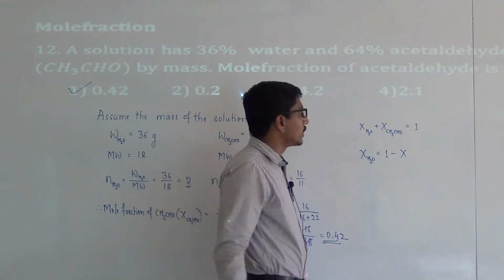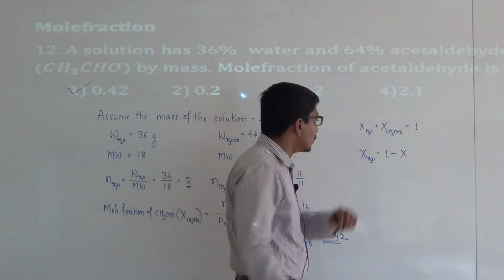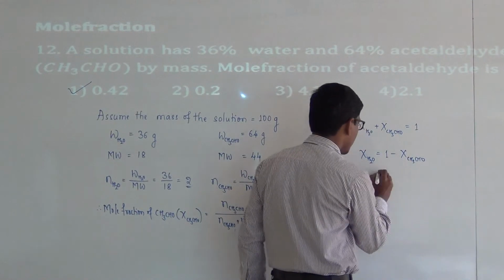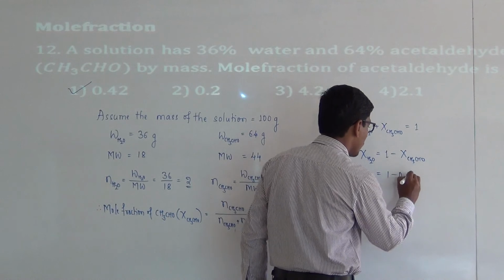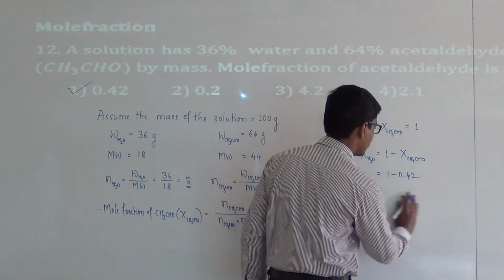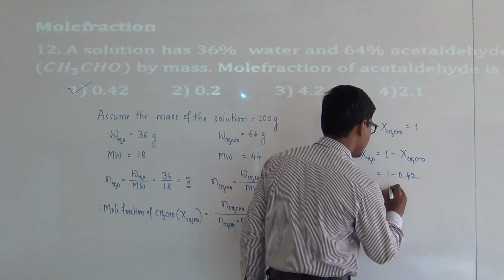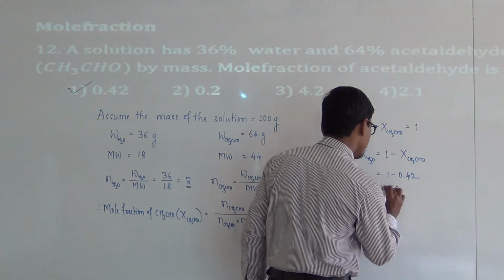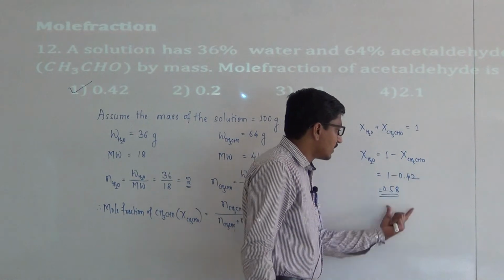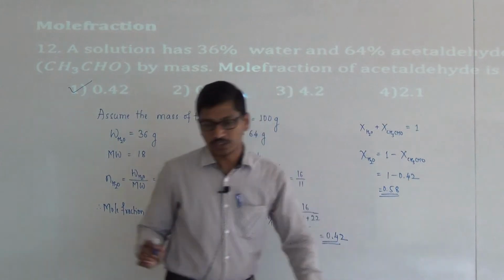Sum of mole fractions of all the components is always unity. XH2O is equal to 1 minus XCH3CHO, this is equal to 1 minus 0.42, this is equal to 0.58. This is the mole fraction of water.